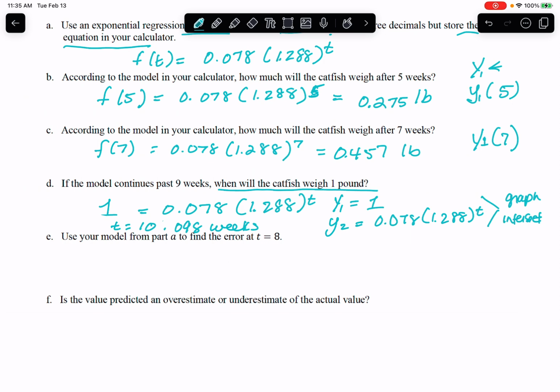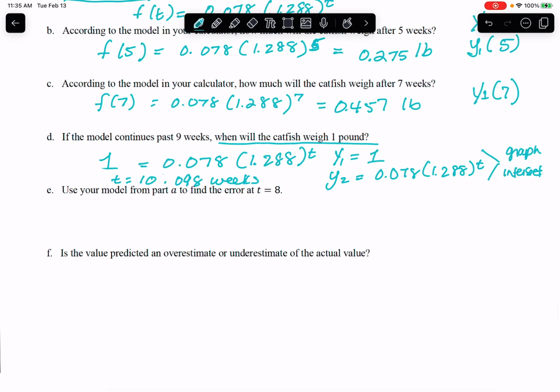A little better? Use the model from part A to find the error at t equals 8. So remember, error is predicted minus actual. So again, error is predicted minus actual.